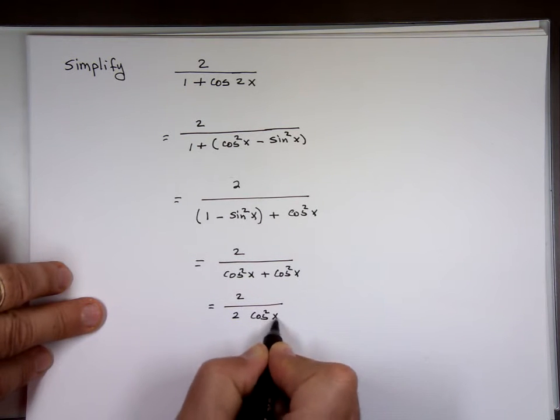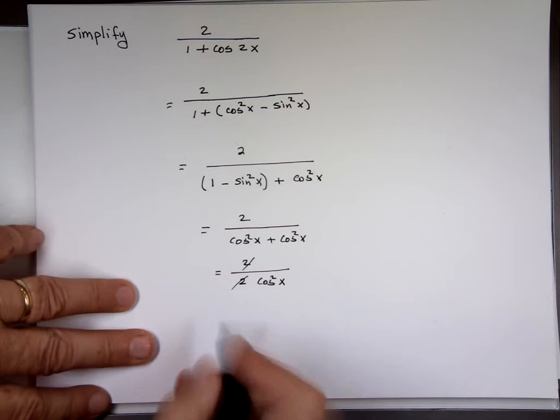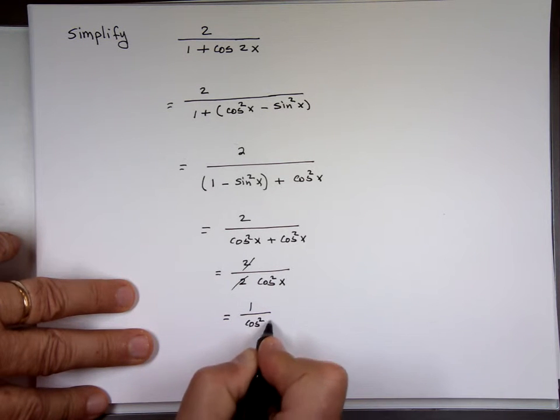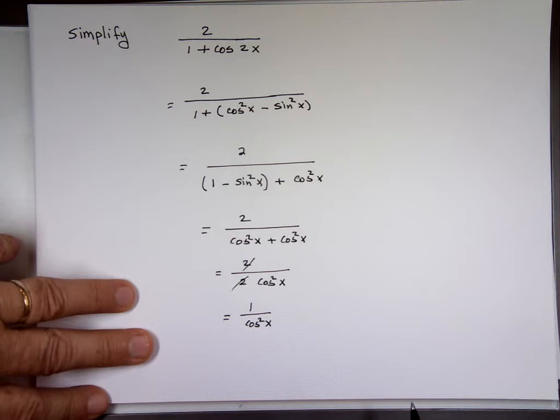The 2's will cancel. 1 over cosine squared x. And what's 1 over cosine? Secant, so that's secant squared.